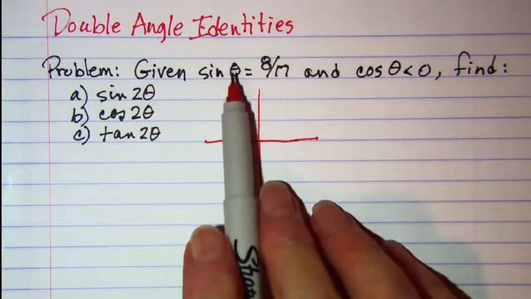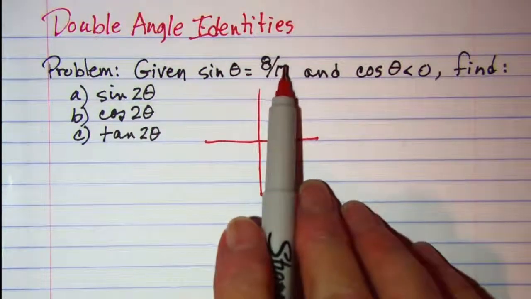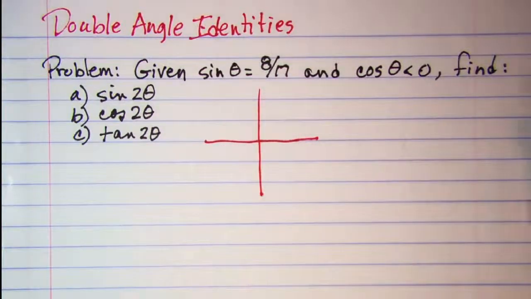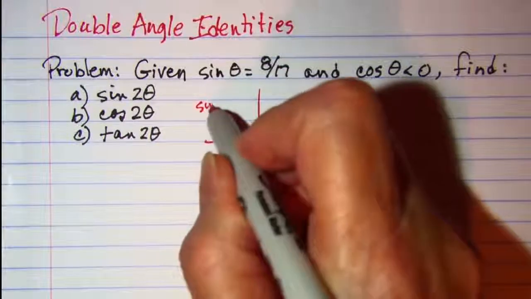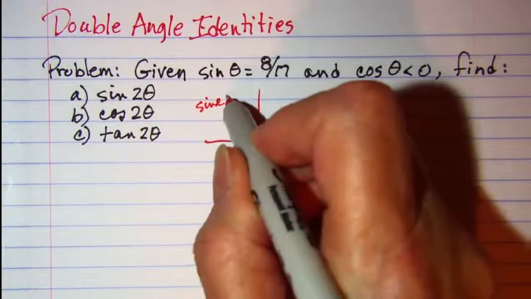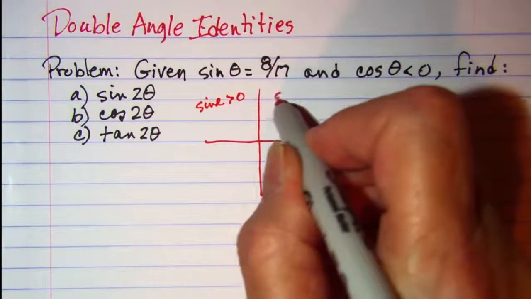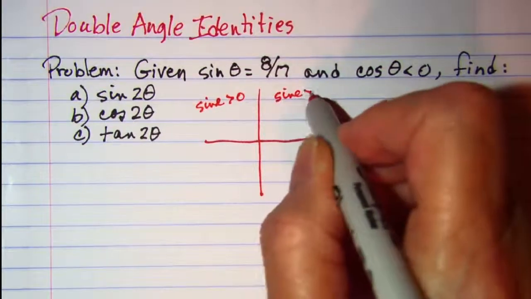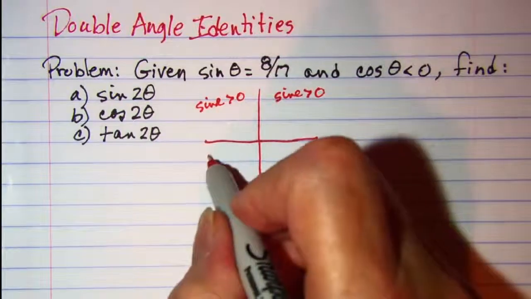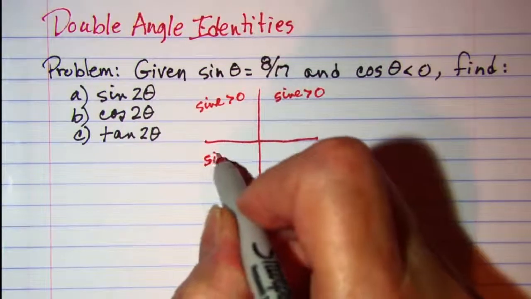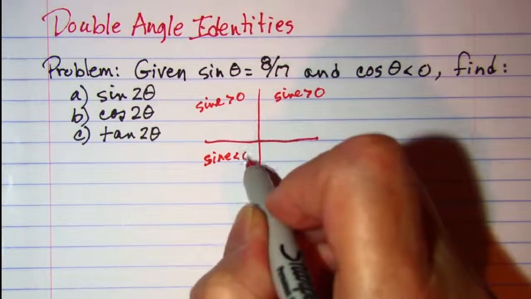We know that the sine ratio is positive in the top two quadrants. So I'm going to show that here. And the sine is negative in the bottom two, just in case you've forgotten.